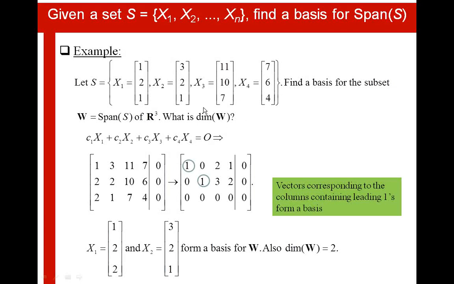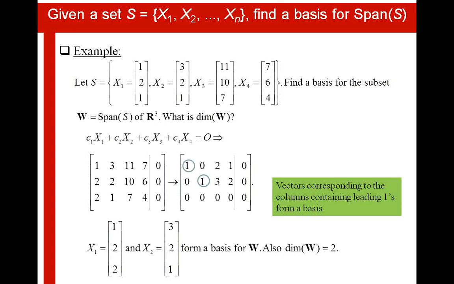The only method for us to determine whether this set is a basis is to put them into this equation: C1x1 plus C2x2 plus C3x3 plus C4x4 equal to 0. If these C's are different than 0, then this is linearly dependent.